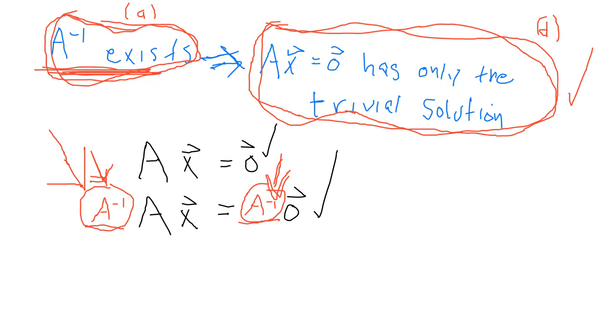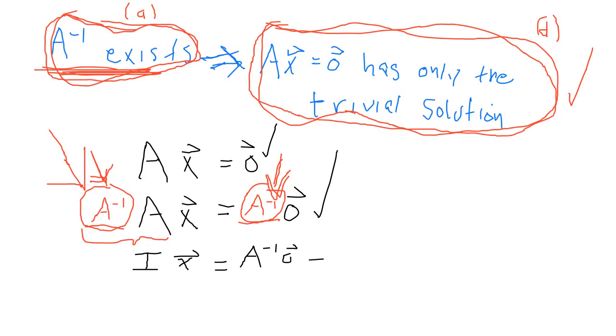Okay, well, what is A inverse times A? Good, that's the identity. So I'm going to get the identity times the vector x equals A inverse times the 0 vector.